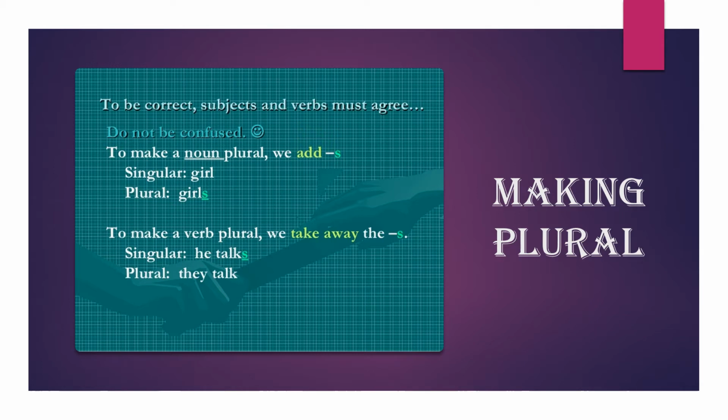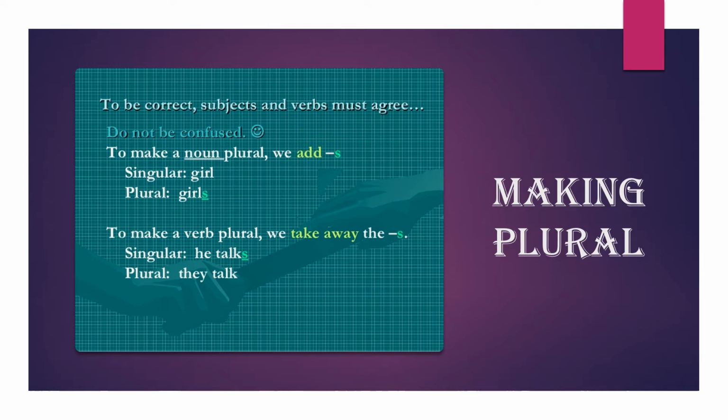To make a verb plural, usually we only have nouns that can be made singular and plural. But to use the verbs in the plural forms, we may have to take away that S. For example, talks has an S at the end, so it is a singular verb.